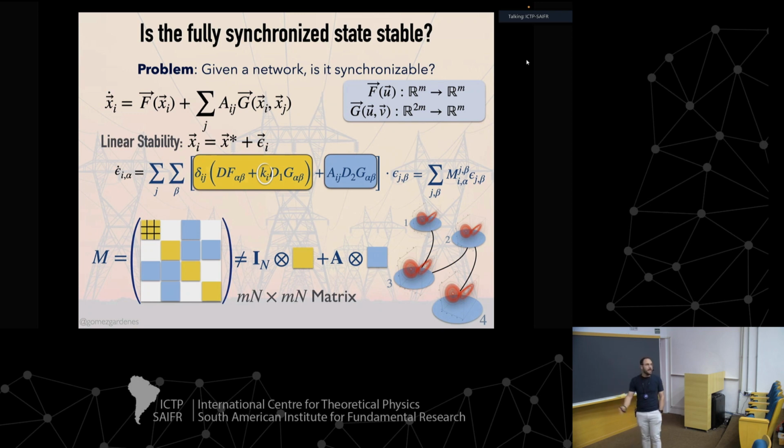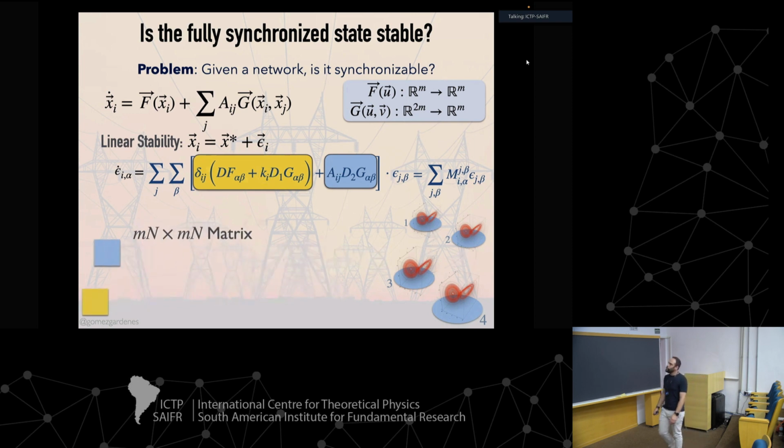So for the general case of a symmetric fixed point, which makes this matrix and this matrix and this matrix the same, I cannot write the huge linear stability matrix as the tensorial product of big matrices I and A and small matrices, yellow and blue. It's impossible. What can we do?